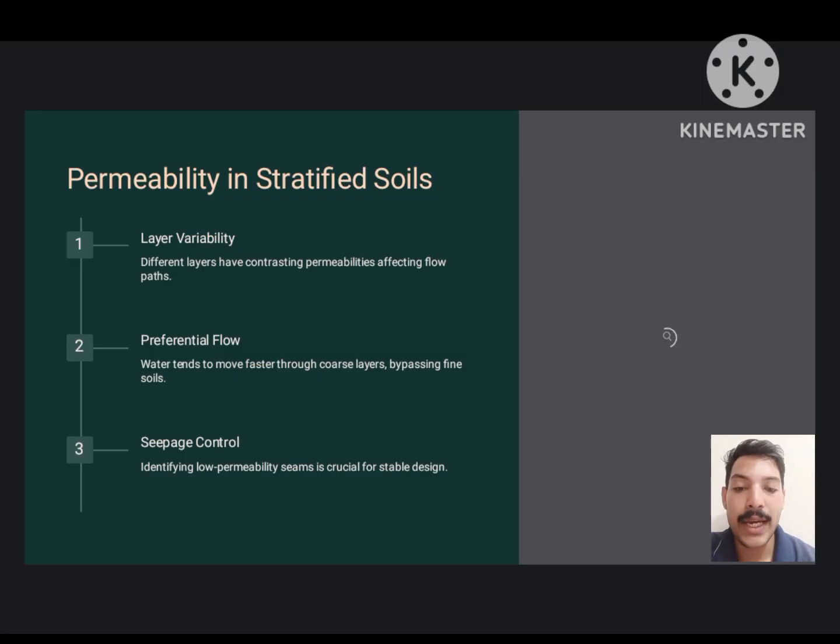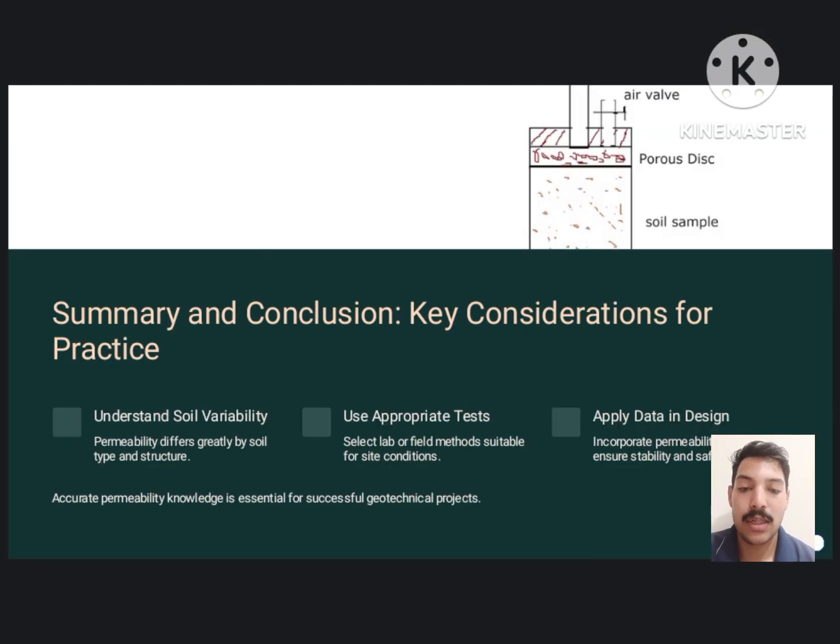Seepage control means identifying low permeability layers. And in conclusion, key considerations for practice. Understand the soil variability: permeability differs greatly by soil type and structure. Use appropriate tests, selecting laboratory or field methods suitable for site conditions. Apply data in design, comparing permeability insights to ensure stability.